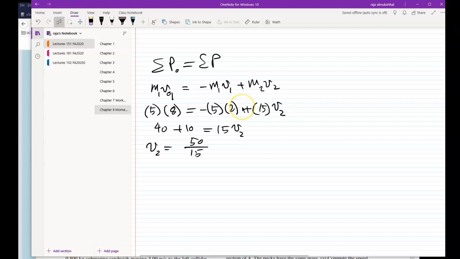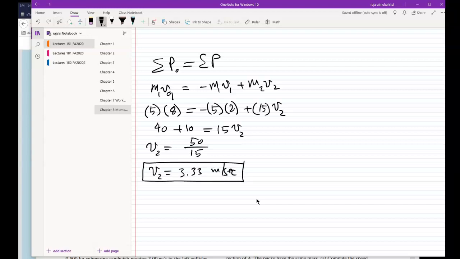And so V2 is equal to 50 divided by 15, I get 3.33 meters per second.